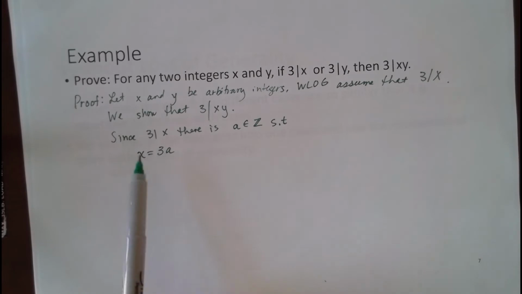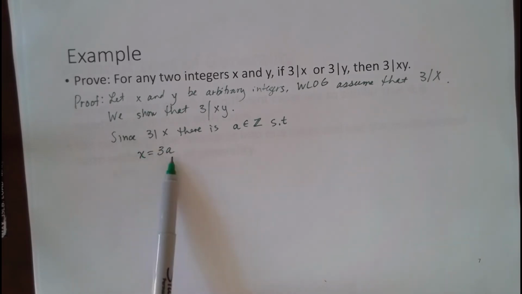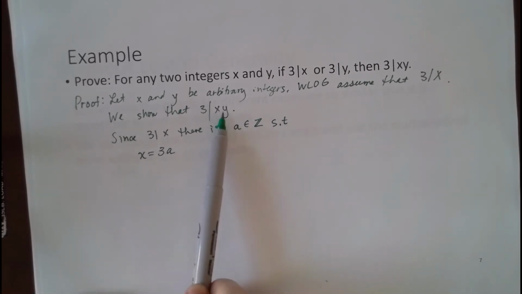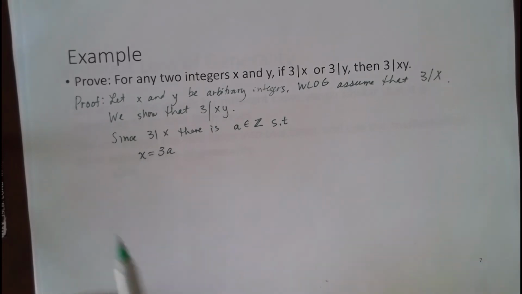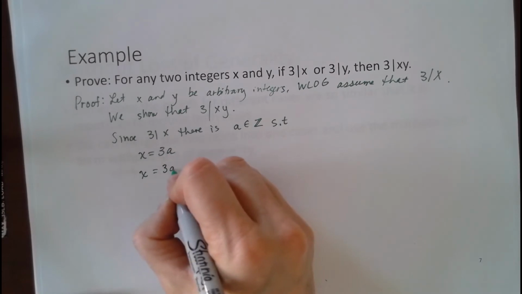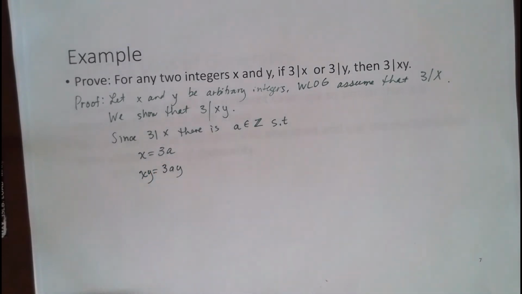That means that I can take 3, multiply it by some integer value, and get x. So when I take x and divide it by 3, I will get an integer answer. So I know that that's true. And I need to make an argument about xy. So I can just multiply both sides of this by y. So xy has to be 3a times y.